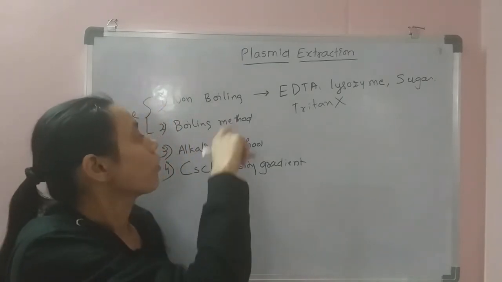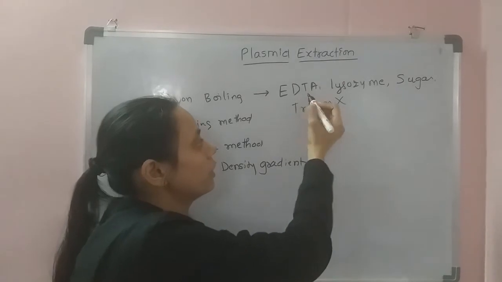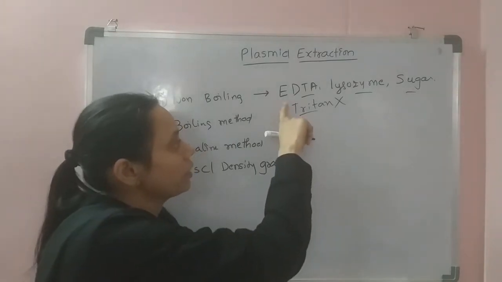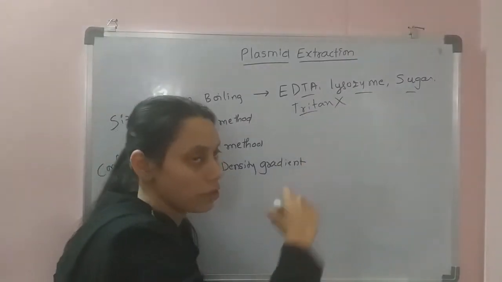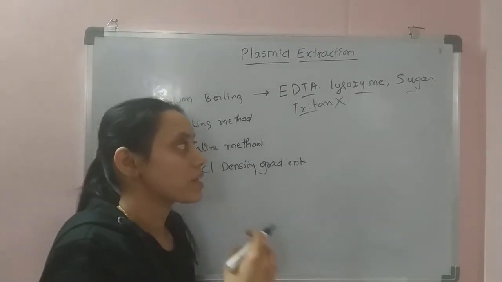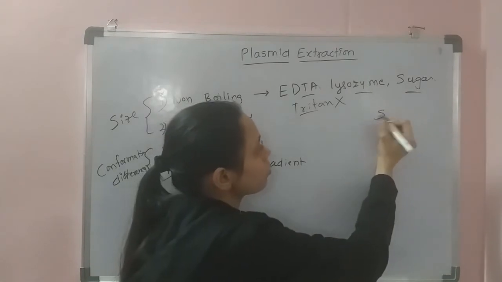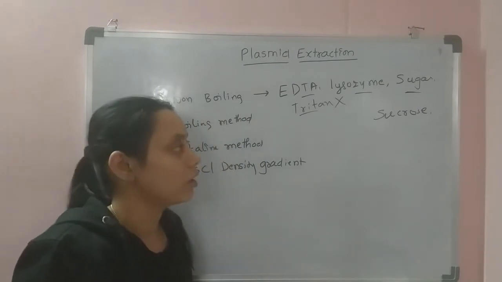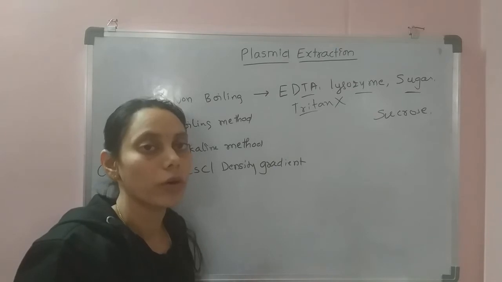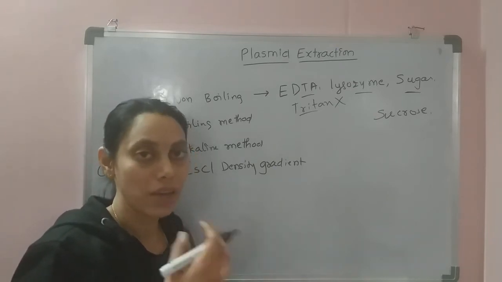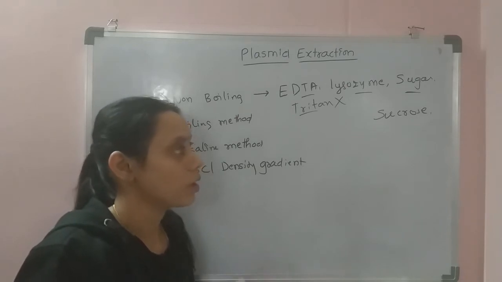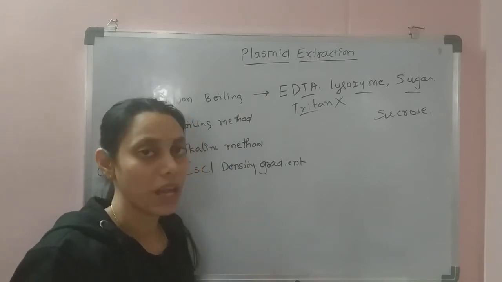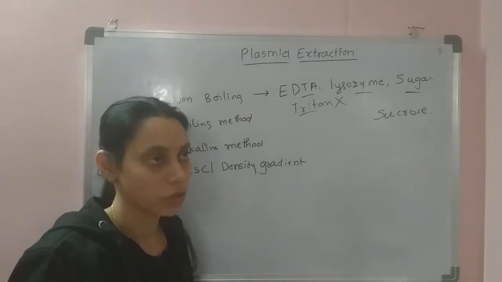So here in the non-boiling method, we are going to add EDTA, lysozyme, sugar and Triton X. So here this EDTA and lysozyme majorly is an enzyme which breaks the cell wall, and in presence of the sugar like sucrose, so high concentration of sucrose will be used in this procedure, so that the cell wall will not be burst, but the spheroplast, the partial digestion of cell wall is allowed and spheroplast is formed, so that the chromosomal DNA will be attached with the cell membrane, and plasmids will come out into the solution.